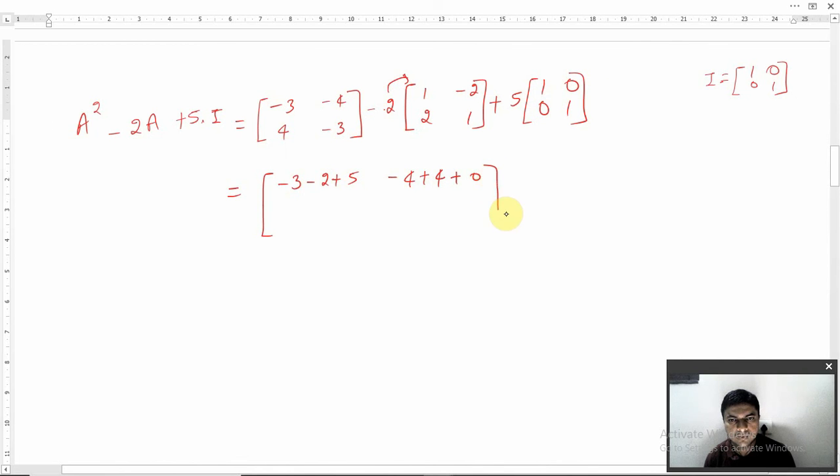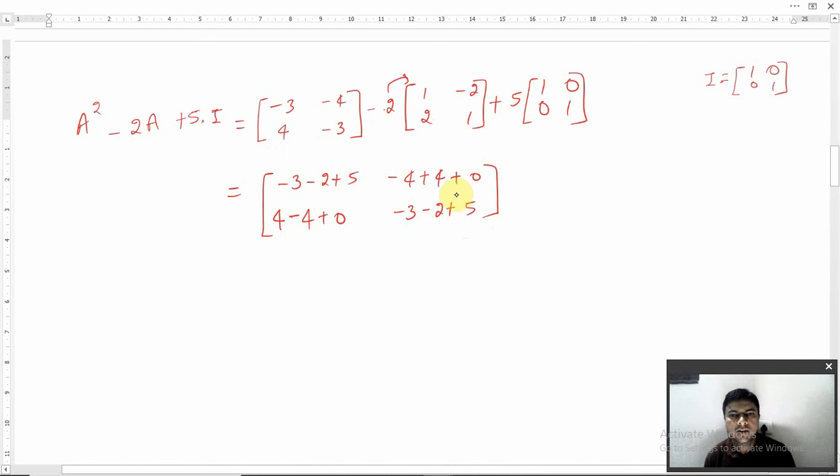So this is 0. Similarly, next I am going to take this as 4. Minus 2 into 2 is 4. And here plus 5 into 0 is plus 0. 3 minus 3 as it is. Minus 2 into 1 is minus 2. Plus 5 into 1 is, so all corresponding elements I have taken.